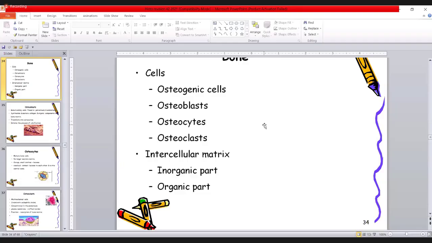So in spongy bone they are not arranged in an organized system. We are not going into that detail. We are just talking about the osteocytes. They are the mature bone cells, derived by maturing of osteoblasts. They are trapped within a space known as lacuna, and they occupy the entire space of the lacuna. Very correct.